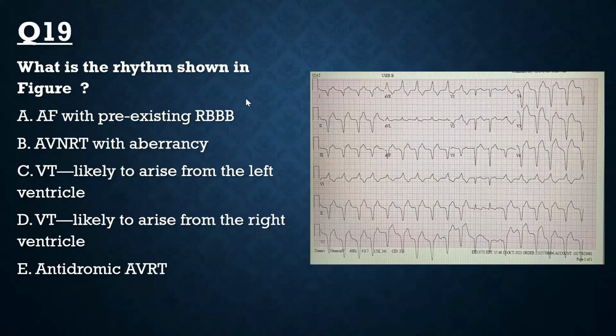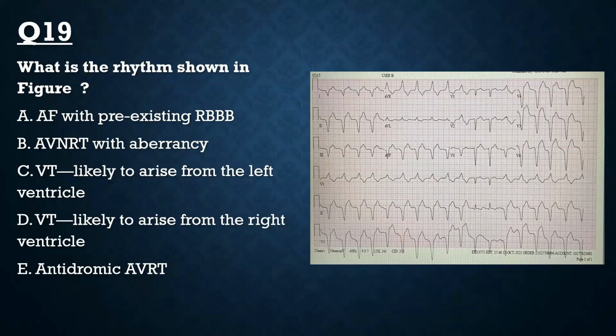Mubarak. What is the rhythm shown in the figure? AF with very exciting RBBB? Okay. AVNRT with aberrancy? VT likely arising from the left ventricle? VT likely arising from the right ventricle?